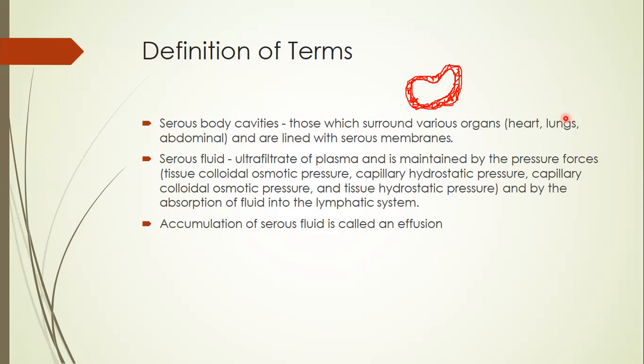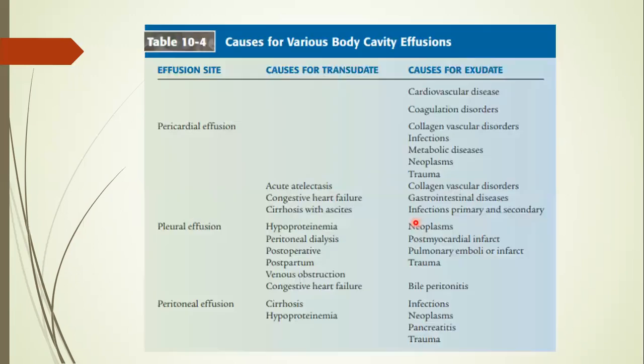If this excess serous fluid is found in the spaces surrounding the lungs, we call it pleural effusion. And if the excess amount of serous fluid is found in the serous membranes lining your abdominal organs, we call it peritoneal effusion.